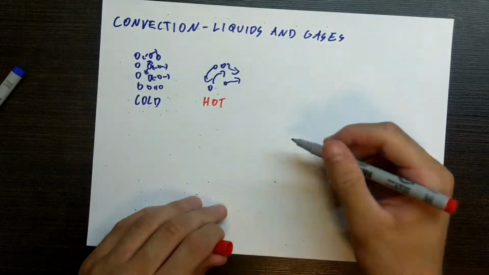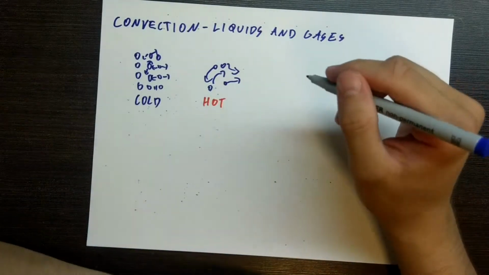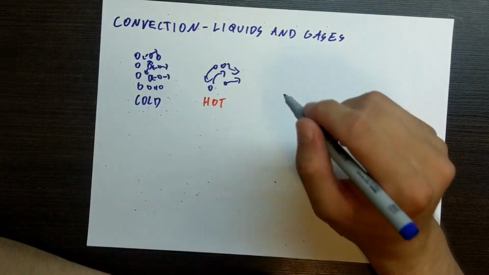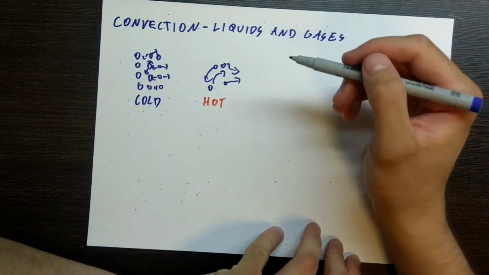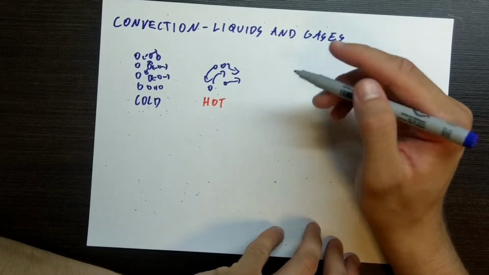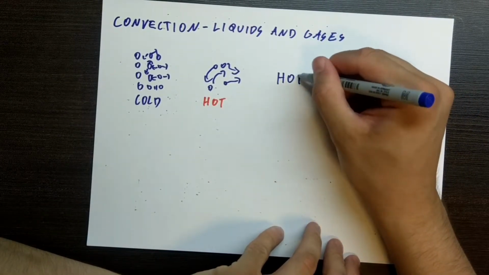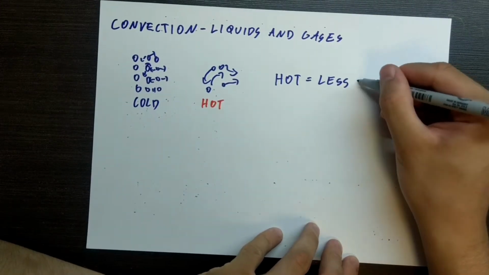Why is this important? Because we need to understand that when a liquid or a gas gets hot, it becomes less dense. So, hot equals less dense.